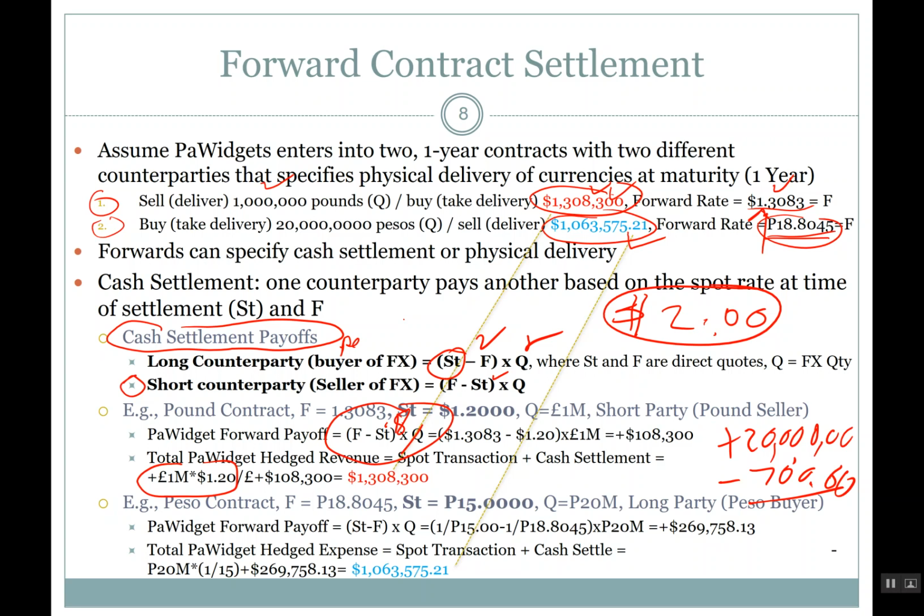Shareholders understand your business. They understand you receive pound revenue. So when the pound devalues, they expect to see you maybe losing a little money, right? Here's what happens. You expect 1 million pounds, you get a forward contract on 1 million pounds. However, you only wind up getting 700,000 pounds.